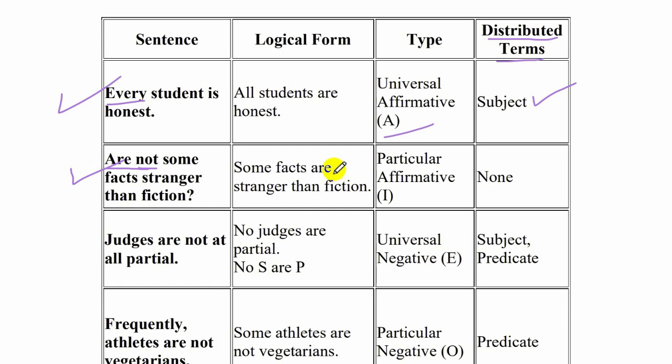Some facts are. We'll have to recheck this one. Are not some facts stranger than fiction? So if we remove this out first, are not, and just read it as some facts are stranger than fiction. Some facts are stranger than fiction.